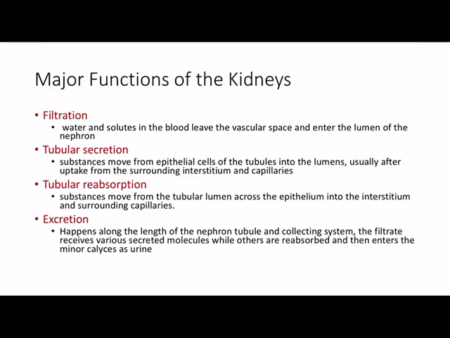Your kidneys also have a capacity for tubular reabsorption, so substances from your tubular lumen go directly or across the epithelium into the interstitium, back to the capillaries, back to your blood. And excretion happens along the length of the nephron tubule and collecting system.